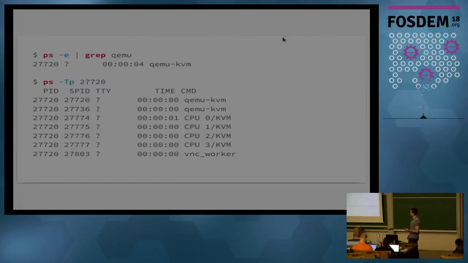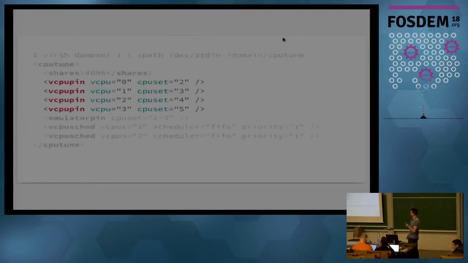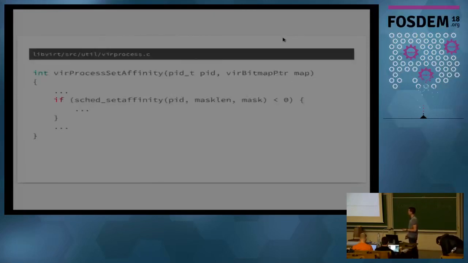And by configuring this property, what we're saying is that the first vCPU in the instance, we want it pinned to core 2 on the host. We want the second vCPU then to be pinned to the third core on the host, and so forth. And libvirt calls the set affinity function on that.